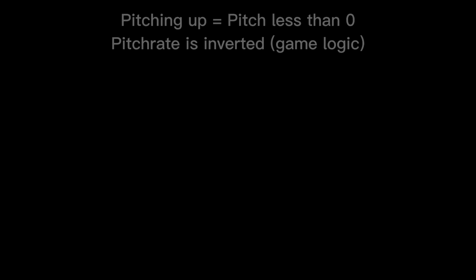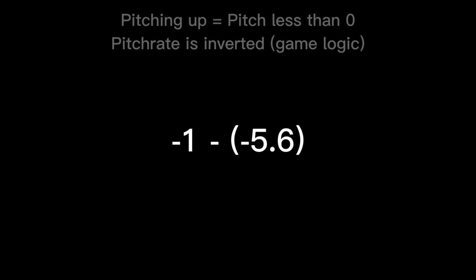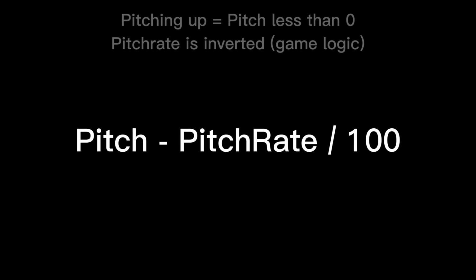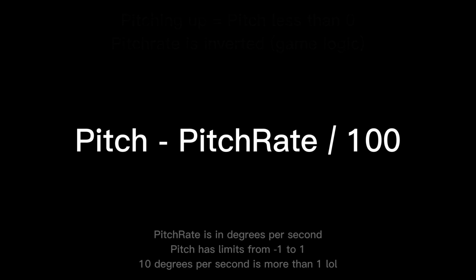As soon as we pitch up, our pitch value changes to -1, and our pitch rate begins to increase. Since we subtract the rate from the main input, the faster we pitch, the harder it will react. As a matter of fact, if we didn't have our damper number, we wouldn't be able to pitch much, since pitch rate tends to be more than 1 when we pitch the plane. That's why we need the damper number.